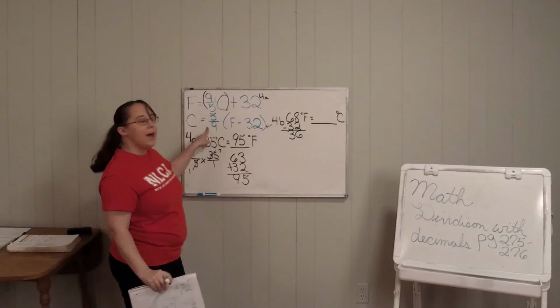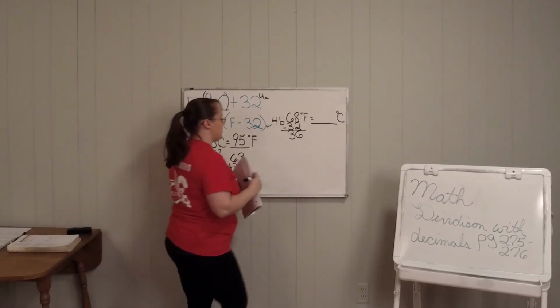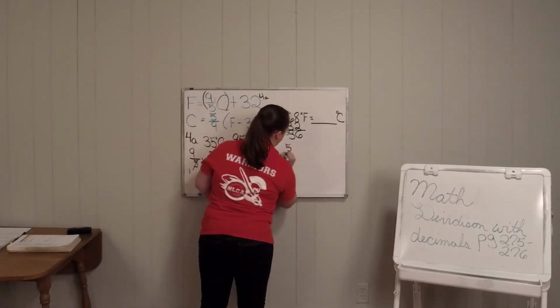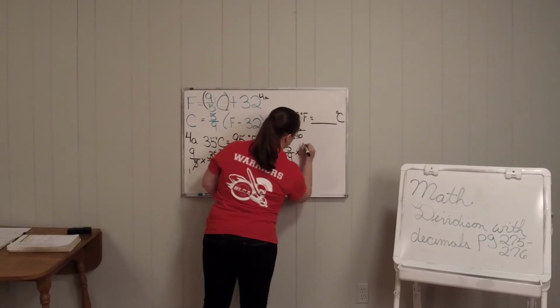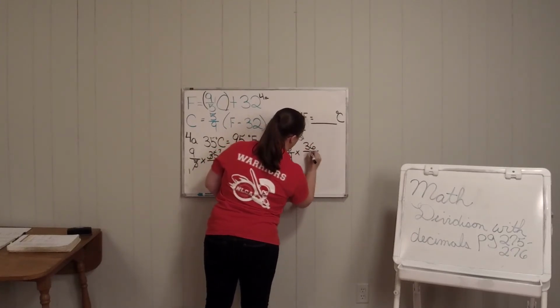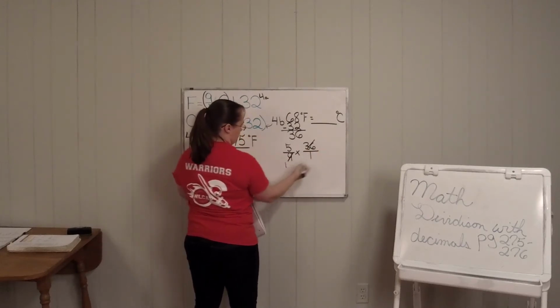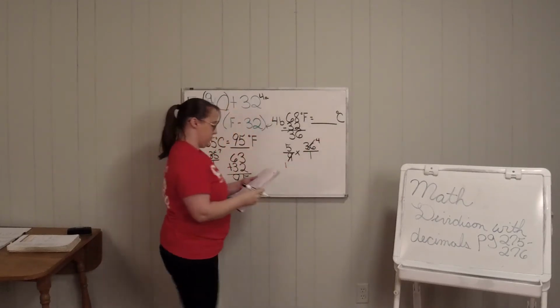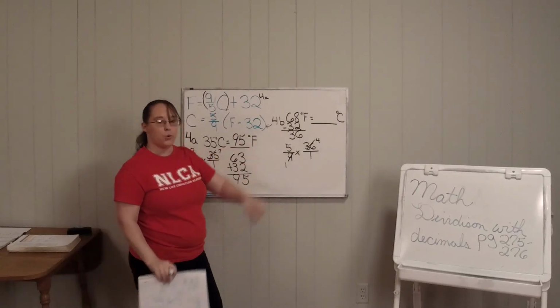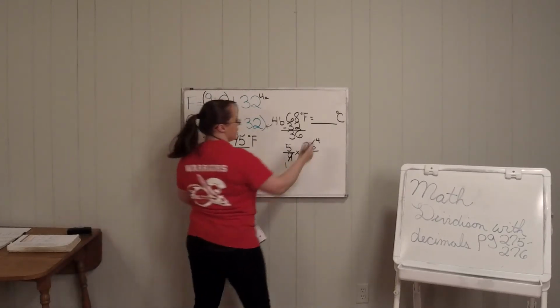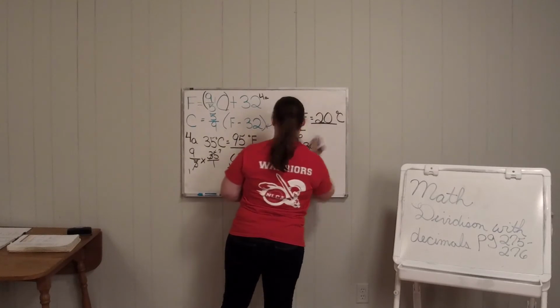Then you multiply that by your 5/9. And we can cancel out. Five times 4 is what? 20. So it's 20 degrees Celsius.